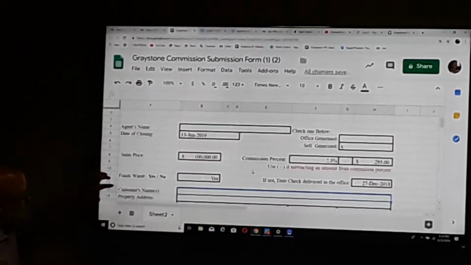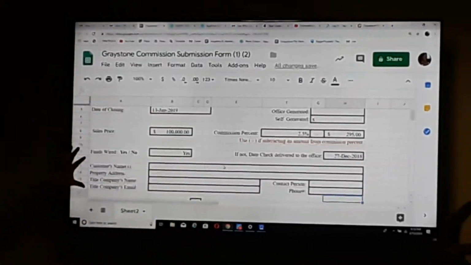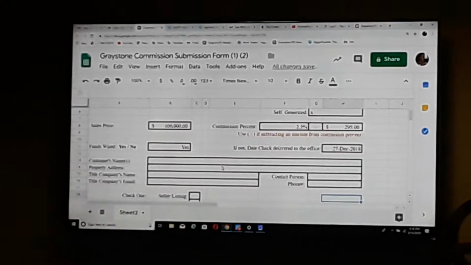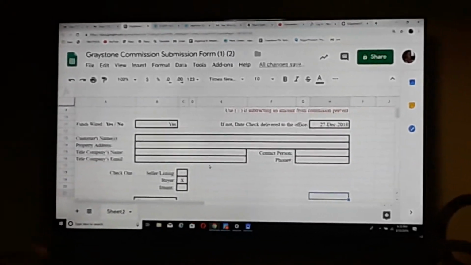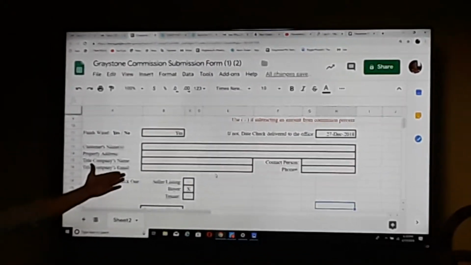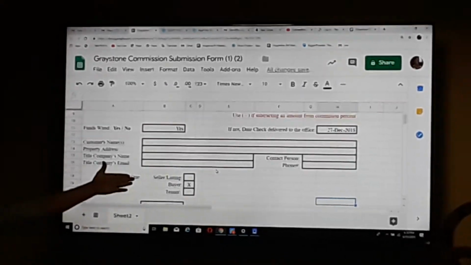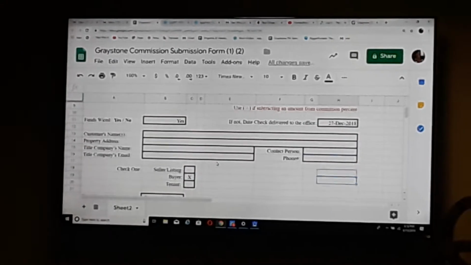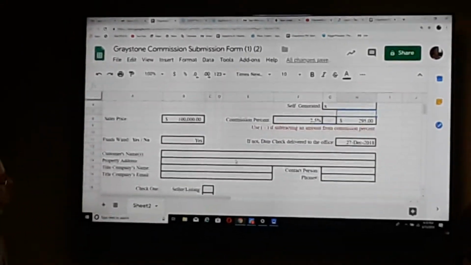Got the client's name, the property address, the title company's information in here. So, are we clear on this field? Yes. Okay. And here, again, you select whether you represented the seller or the buyer or if it's a tenant. In this case, it's the buyer, because we are deducting, right?